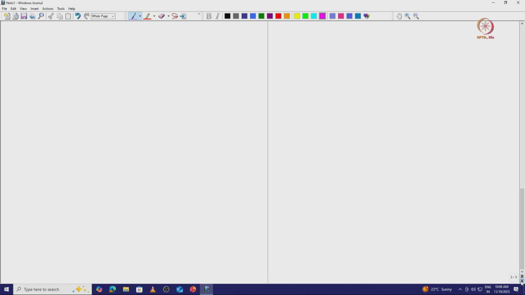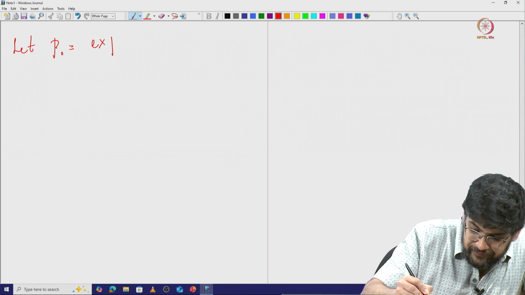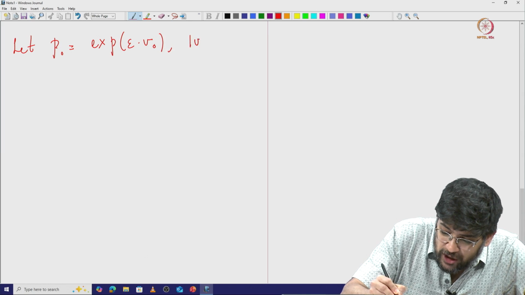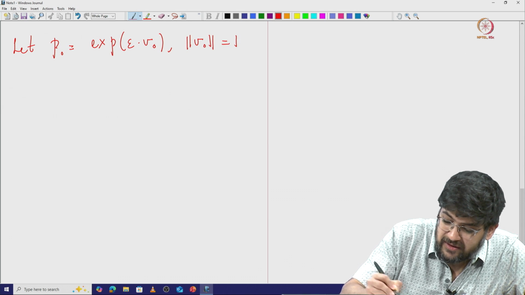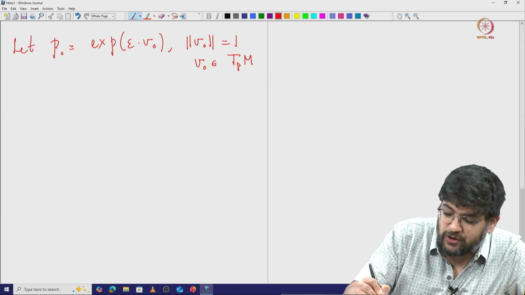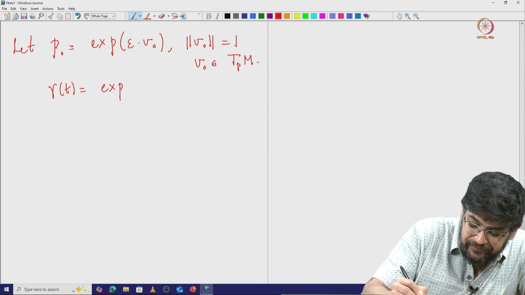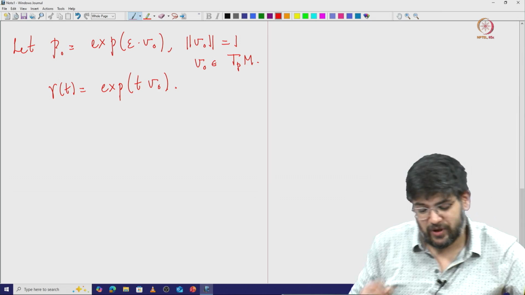So in other words, let P naught be given by the exponential of V naught, where V naught is some tangent vector at P of unit norm, of unit length, and let gamma of t be the corresponding geodesic, okay.